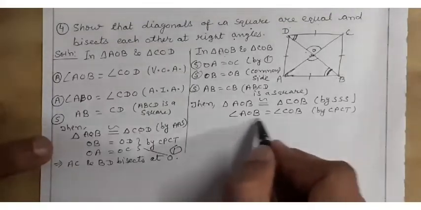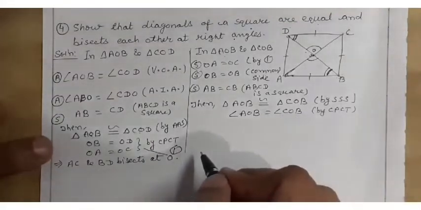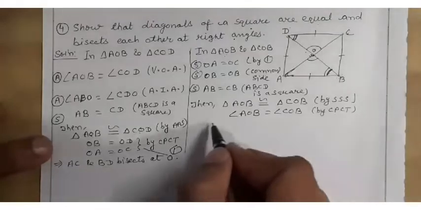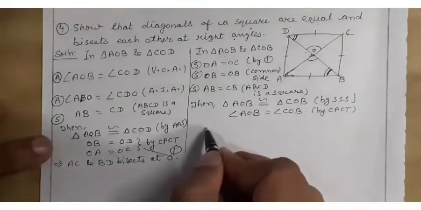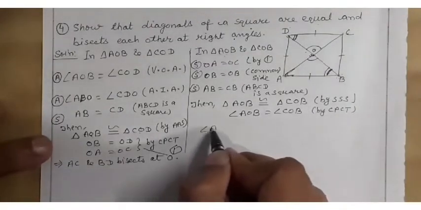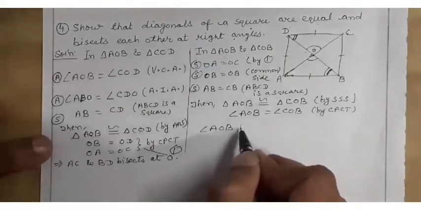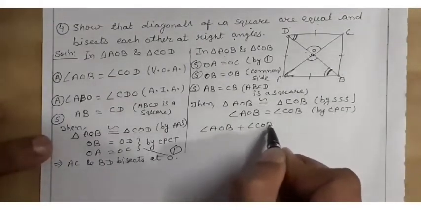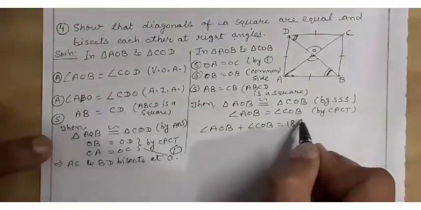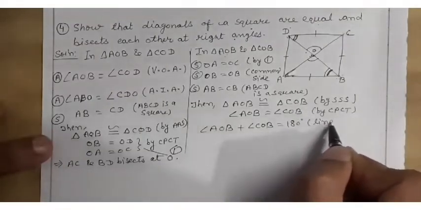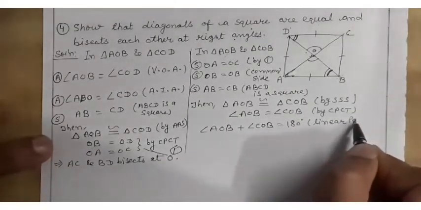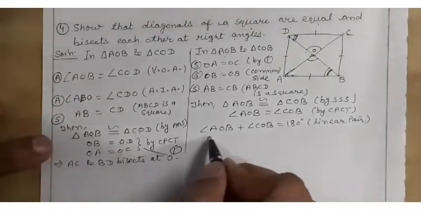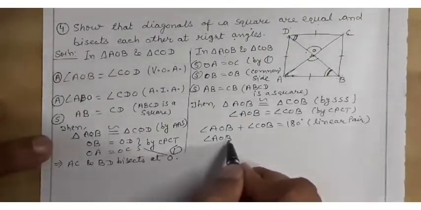Then if these two are equal, what is the meaning? Now take angle AOB plus angle COB equal to 180 degrees. This is a linear pair. Keep AOB as it is.